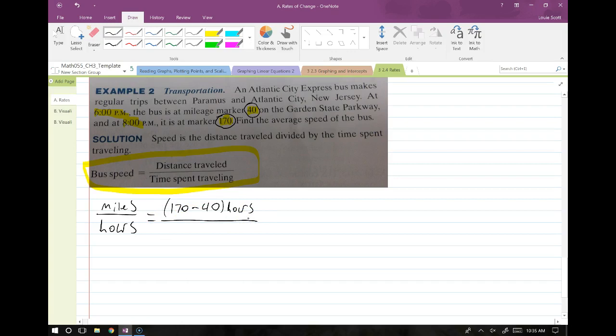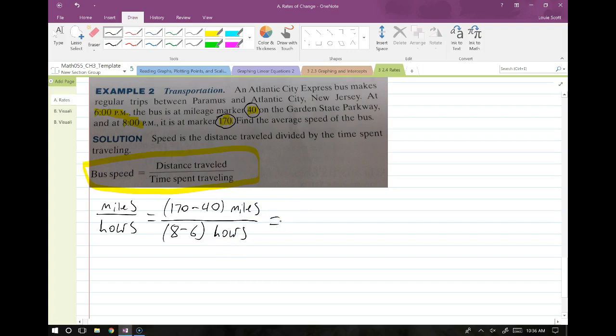All right, our time we spent traveling, well, that was 6 to 8 p.m. Right, so we started at 6, ended at 8. So to calculate that, we say 8 minus 6. Whoops, I mislabeled my units. Hopefully you guys caught that. This should have been miles, and this is hours.